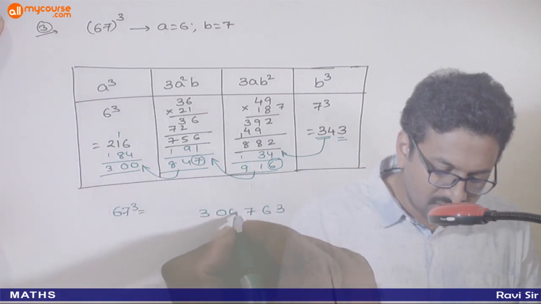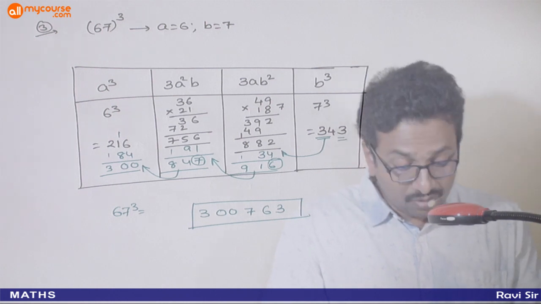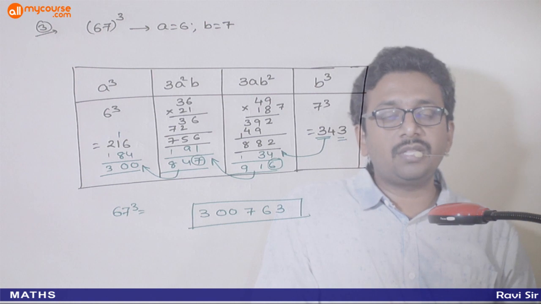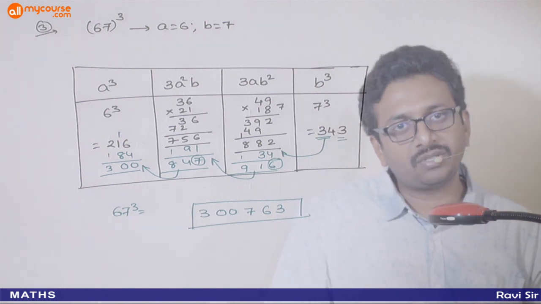So 300763 is the cube of 67. This is the shortcut method to find cubes of 2-digit numbers.